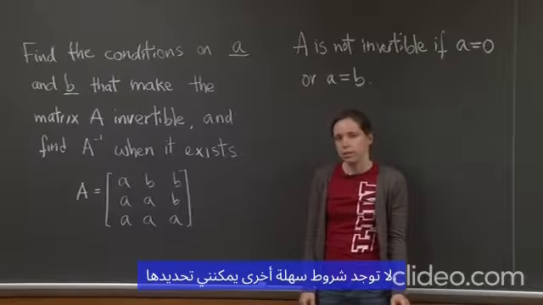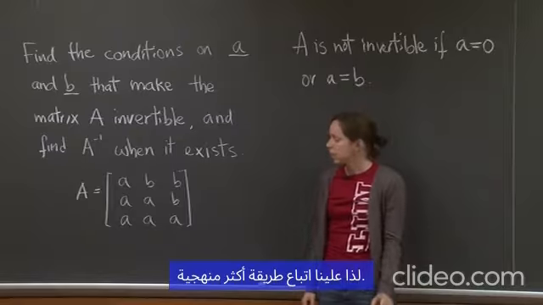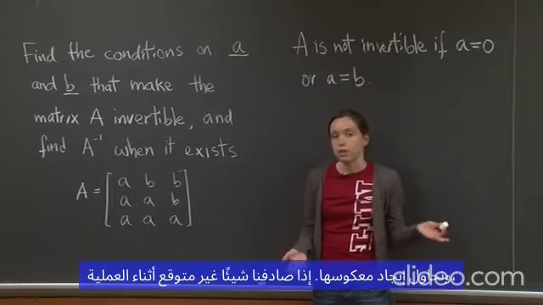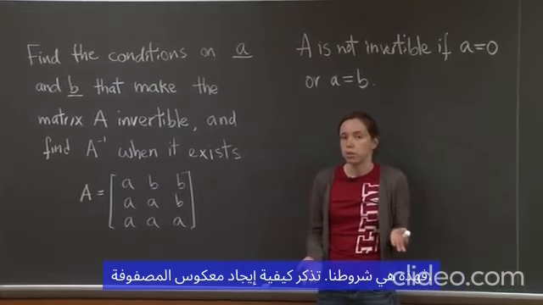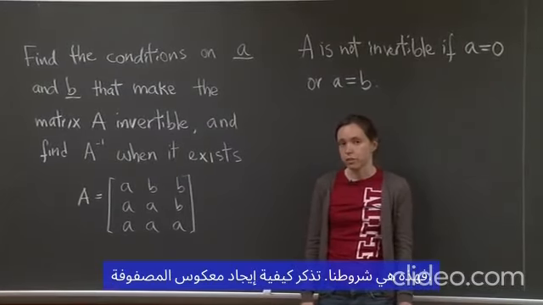There's not any other easy condition that I can spot, so we have to do it in a more systematic way. We start with A, we try to find its inverse, and if in the process we run into something fishy, those are our conditions. So remember how to find the inverse of a matrix?